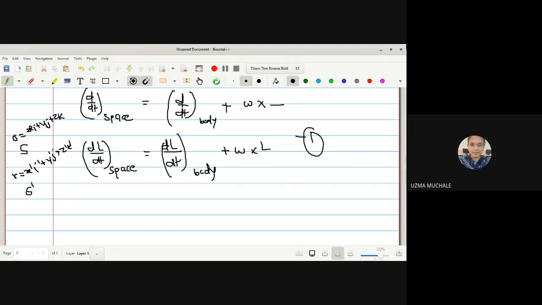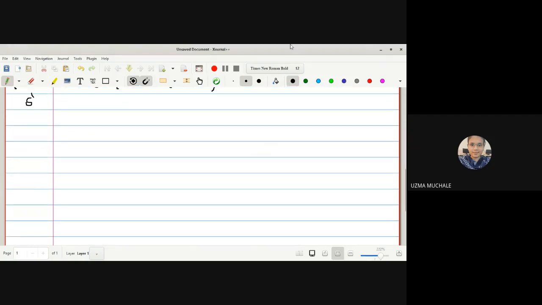But what do we know about L? L is I into omega. We have proved this in the last lecture. I hope you remember that we proved it in the form of a matrix also.